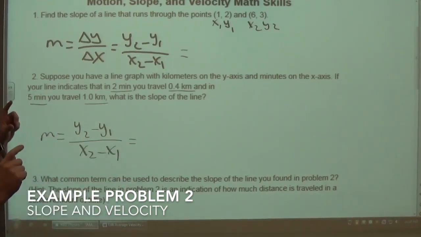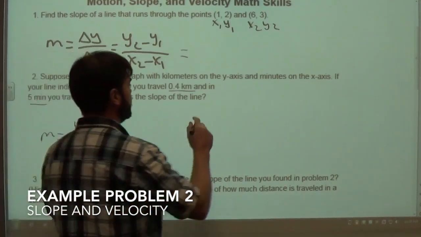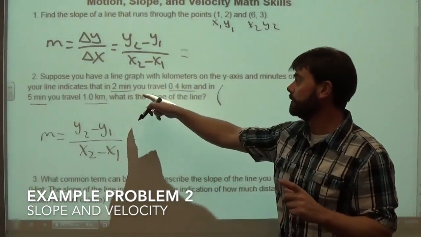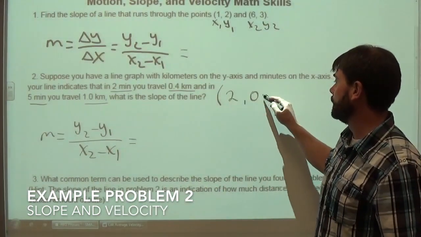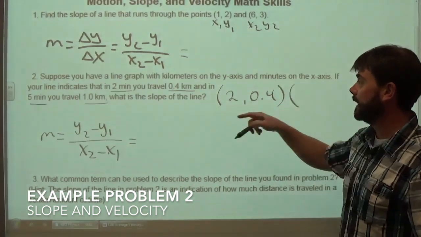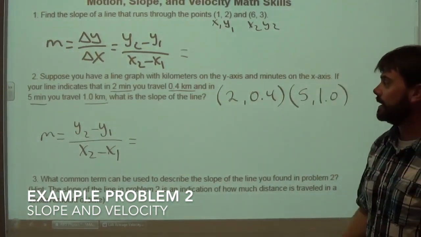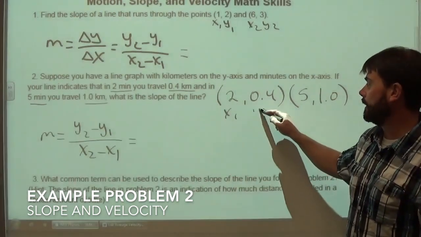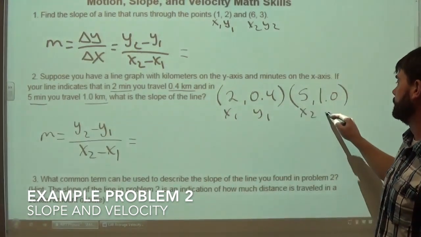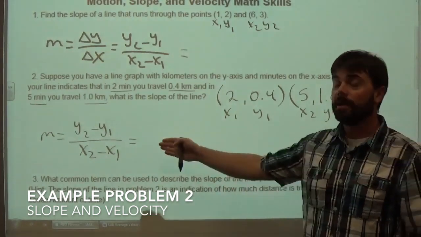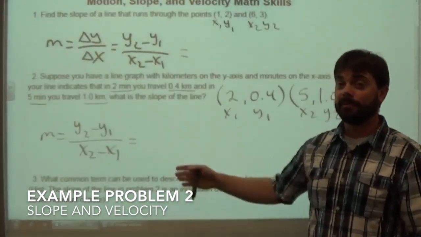In terms of ordered pairs, it would look something like this. Think of this as your x1, y1, and this as your x2, y2. What you're really finding here then would be the velocity.